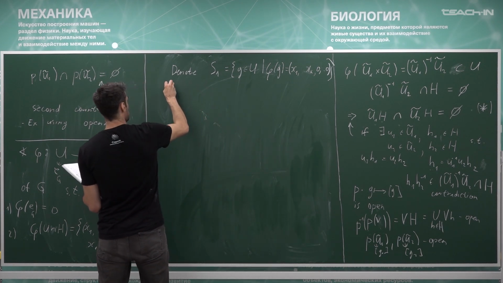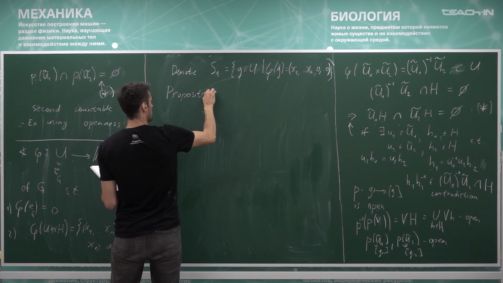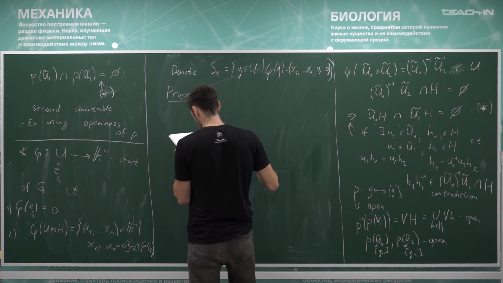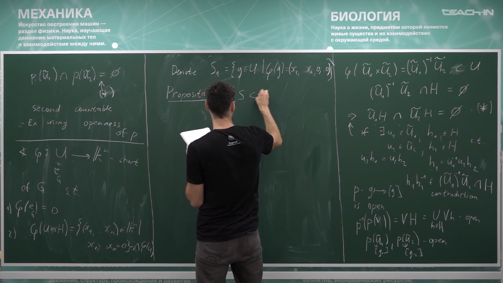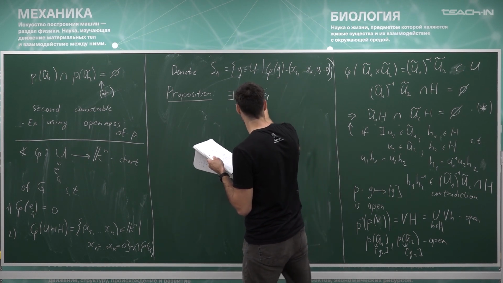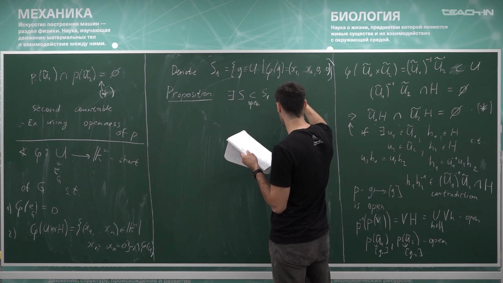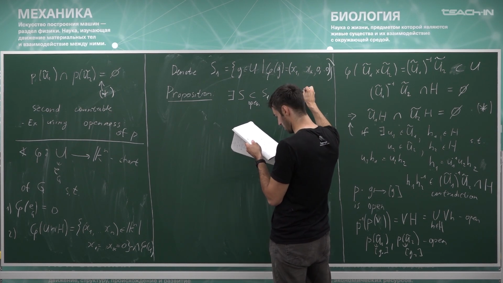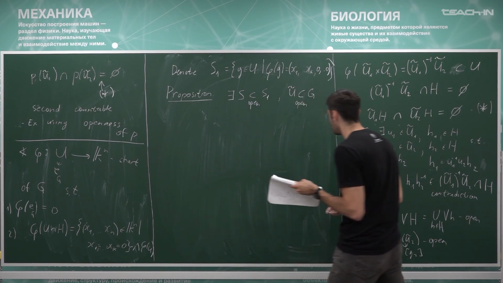We will need the following proposition. There exists some open subset S of S1, open, and an open subset U tilde of U, of G, right?